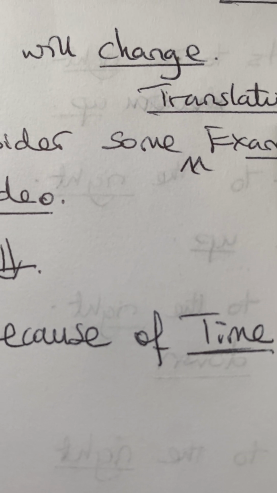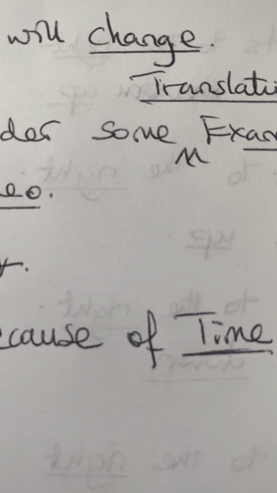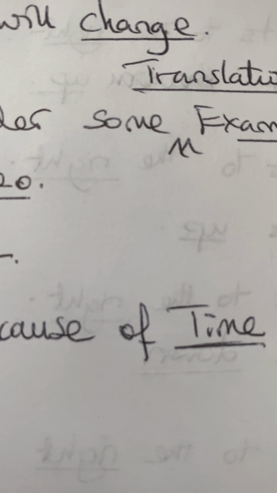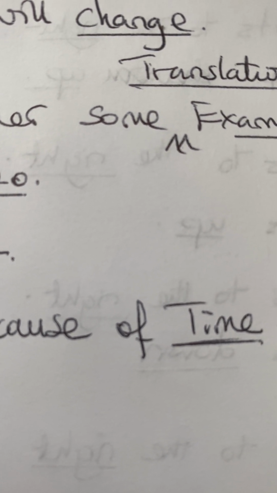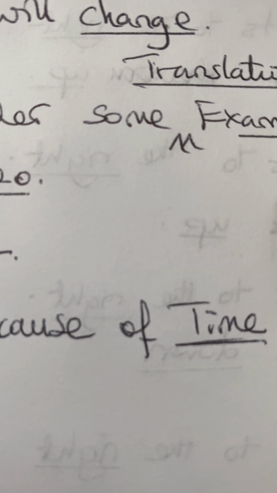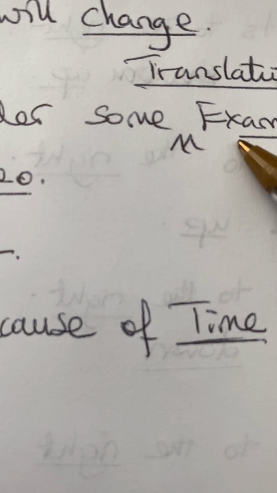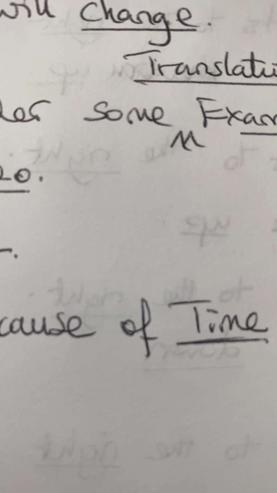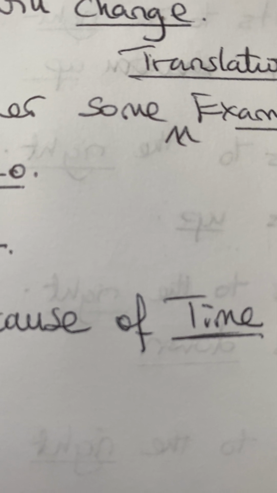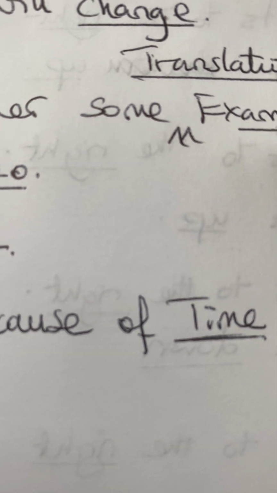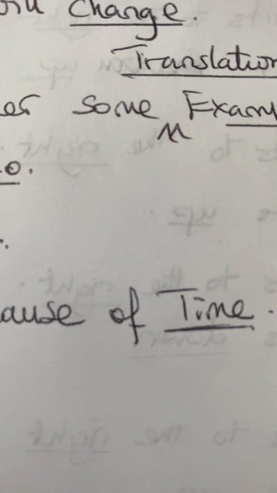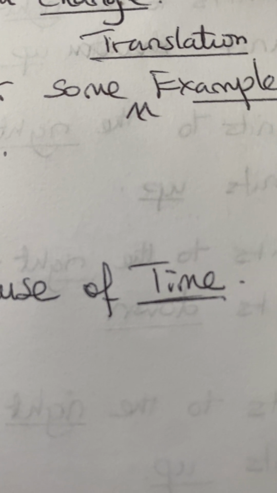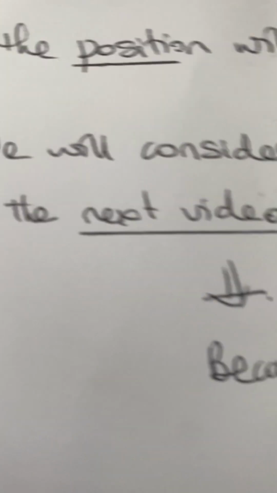Unless you use 0, 0, then it is not going to change. But if you have 1, 1, it means 1 unit to the right and then 1 unit up, so it's going to change. You are going to change the position, but the size will not change.